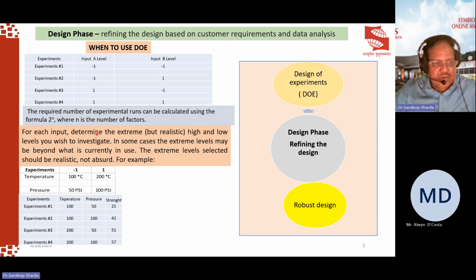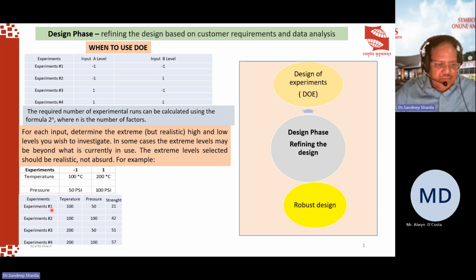For each input, determine the extreme high and low levels you wish to investigate. In some cases, the extreme level may be beyond what is currently in use. The extreme levels selected should be realistic, not absurd. For example, temperature is 100 degrees centigrade and 200 degrees, and pressure is 50 psig and 100 psig.